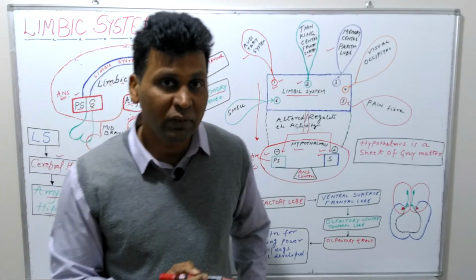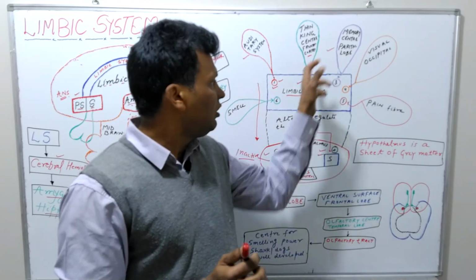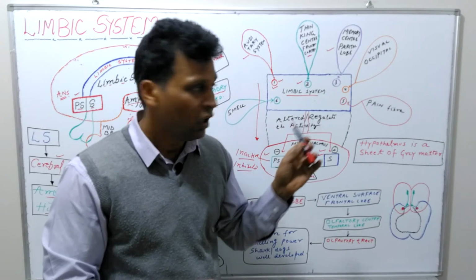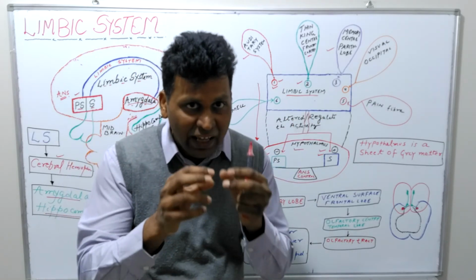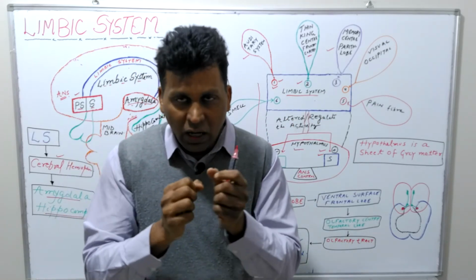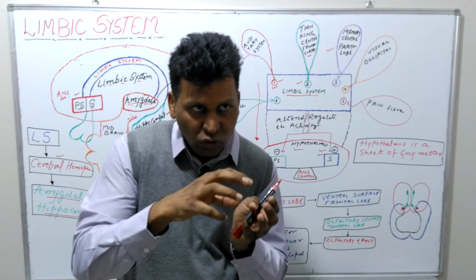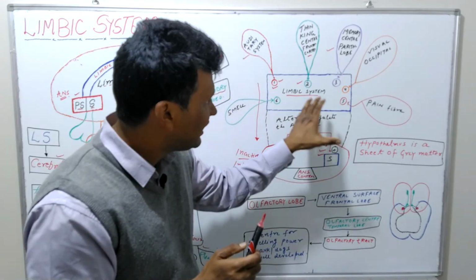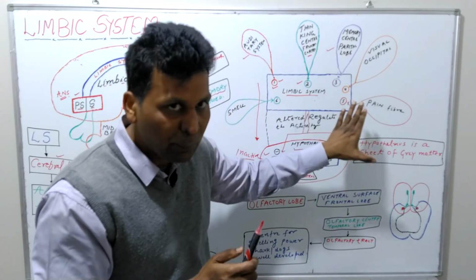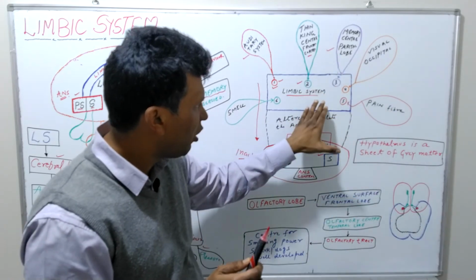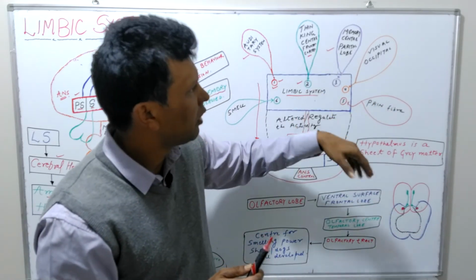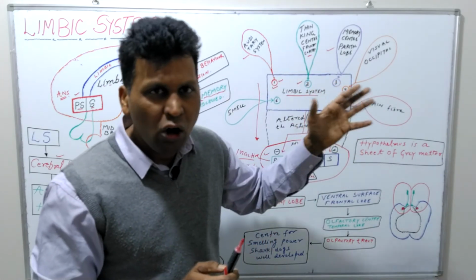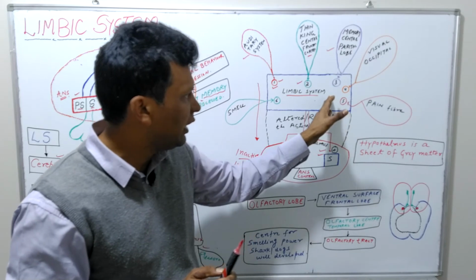The limbic system actually receives all the information, and all the information is then analyzed, and it goes with your emotional signal, and all the signals developed in the body, related with the pain fibers, the eyes, the hair, the memory center, all the emotional activity, will go to the limbic system.